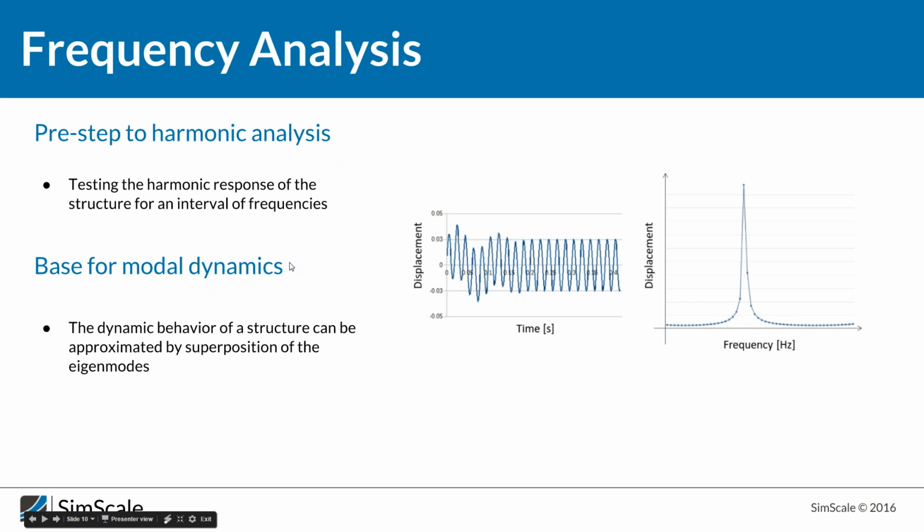And the second one I just want to mention here is that, based on those eigenmodes, those eigenmovements of the structure, you can also assume that the displacement you have in a dynamic analysis can be created by a superposition of all of those different eigenmodes.